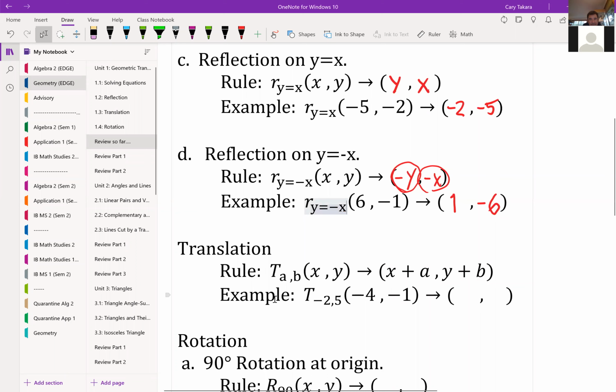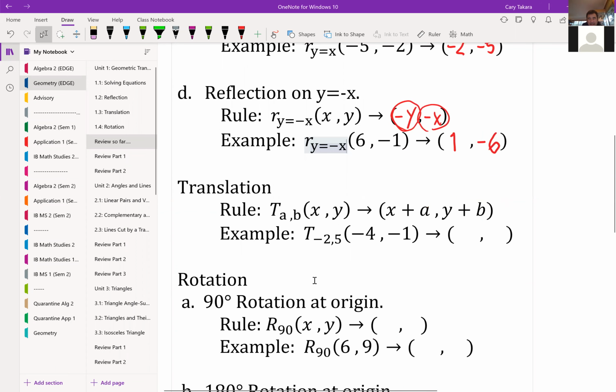Let's move on. Now the translation is all different, depending on the numbers that I give you. So for this one, it's -2 and 5. If the rule is -2 and 5, what becomes of the new coordinate? You simply subtract 2 and then add 5 for the x coordinate and y coordinate.